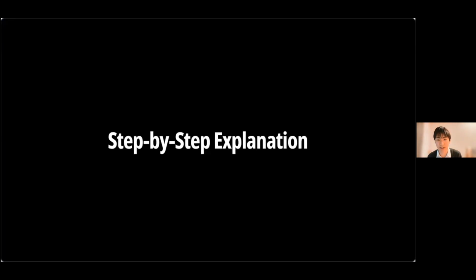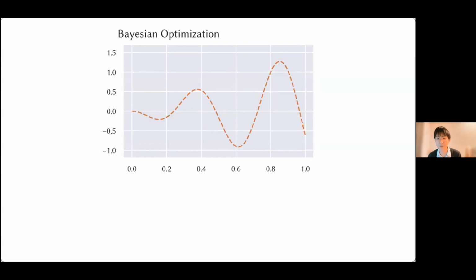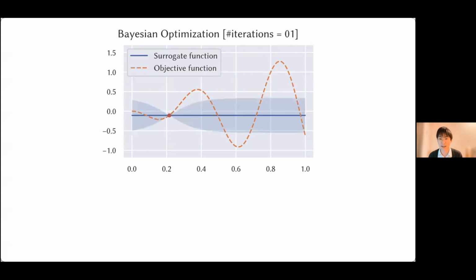Okay, so let me explain its behavior step by step. Suppose that this is the unknown objective function. For the first iteration, we choose an arbitrary random point since we have no information yet. Then BO tries to best estimate the landscape of the unknown objective function using the observed data.